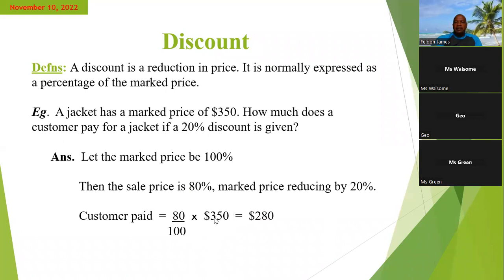So when you find 80% of 350, it means that you would have reduced your payment by 20% because the amount that it would have cost originally would be the 100%. And if you reduce it by 20%, now you're going to pay 80% of what it really costs.